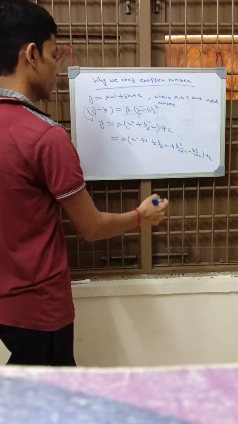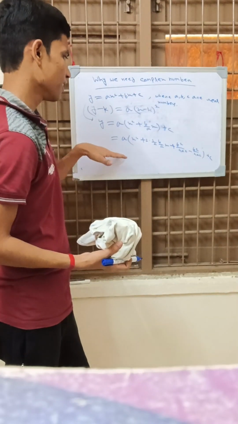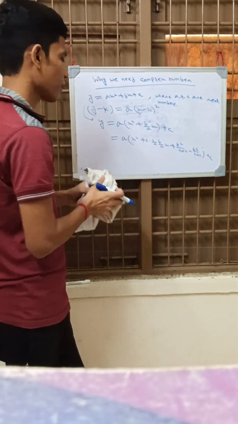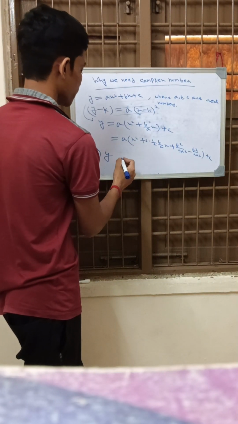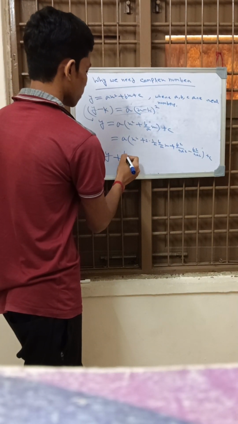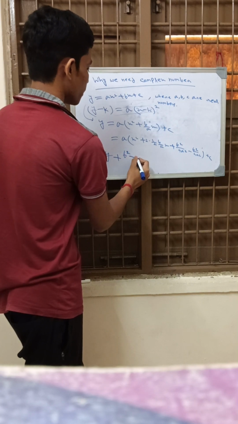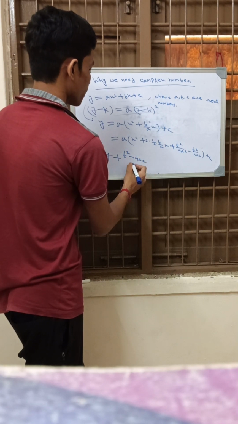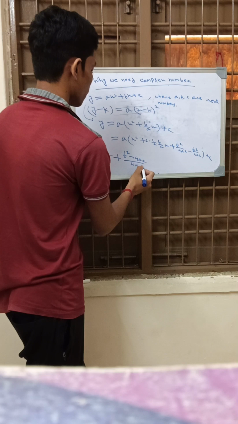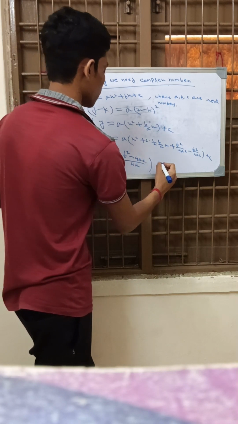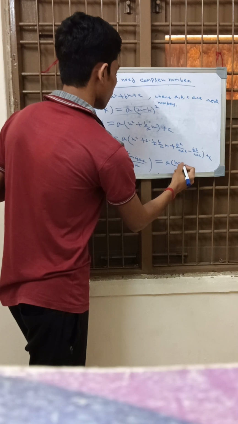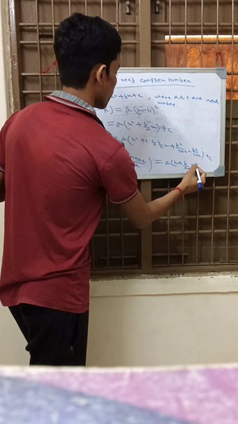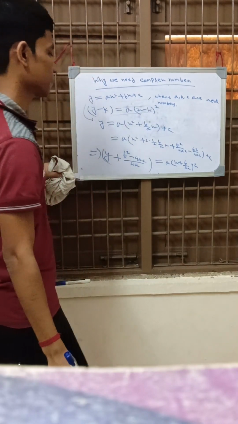Rearranging, it looks like y plus b square minus 4ac by 4a equals a into x plus b by 2a whole square.